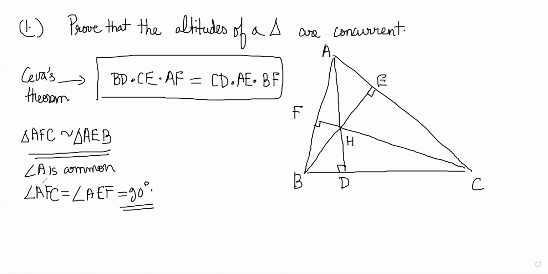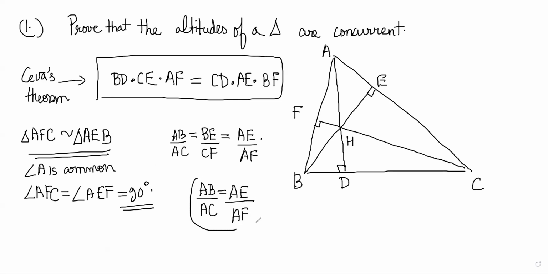So there are two angles that are common. So by AA similarity, this is similar. And therefore we get the ratio AB by AC is equal to BE by CF is equal to AE by AF. And you can work with the first and last of these. So you can write AB by AC is equal to AE by AF. This is my result that I get from here.